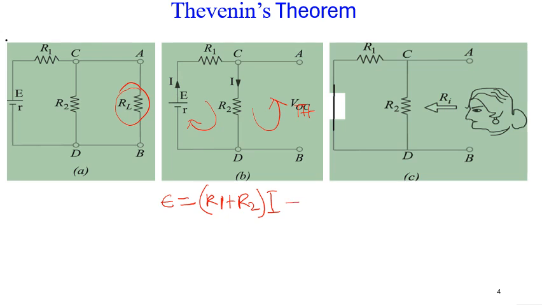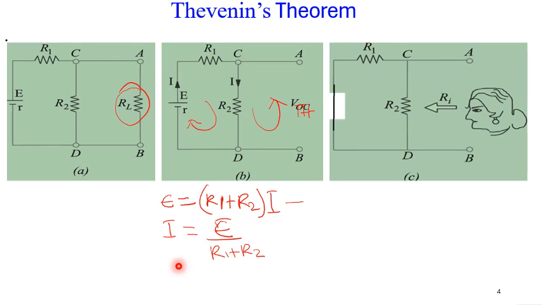That is our equation. So basically we can say I here is equal to our E, which is the voltage, over R1 plus R2. Then if we want to also find our VTH here, we take the loop in an anti-clockwise direction.